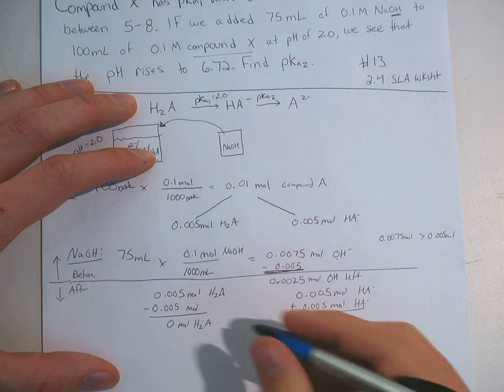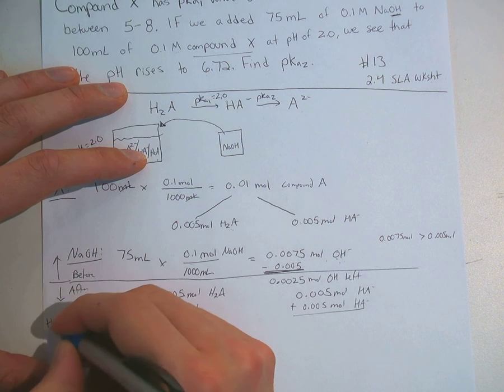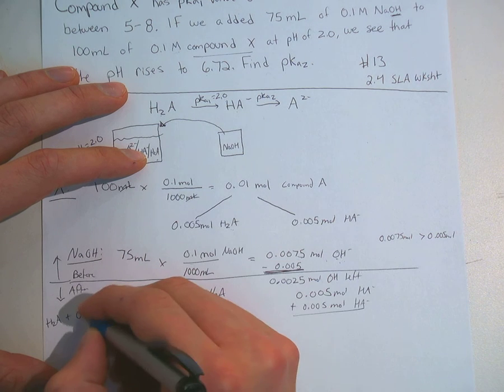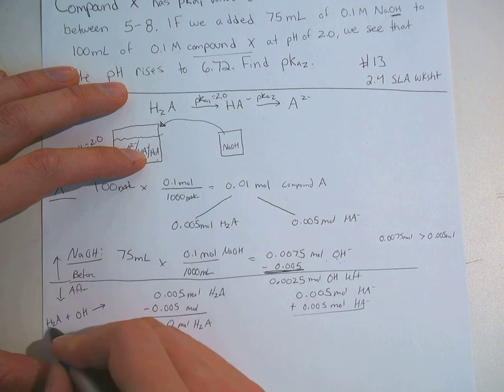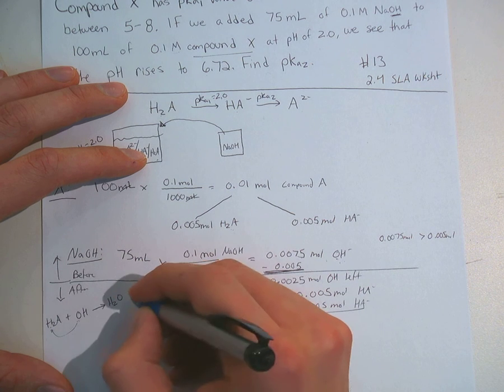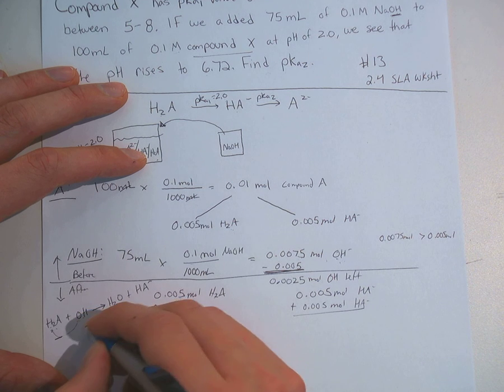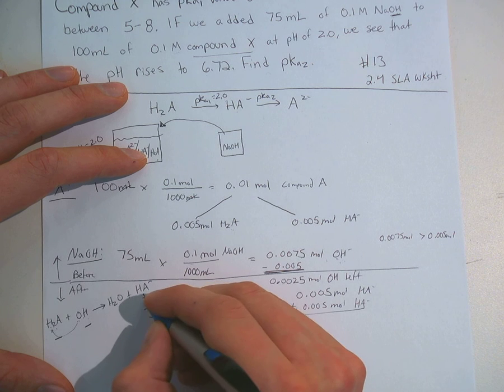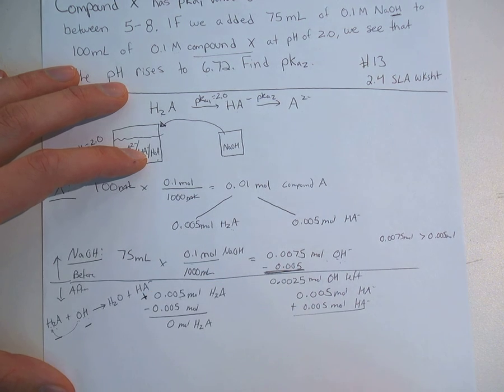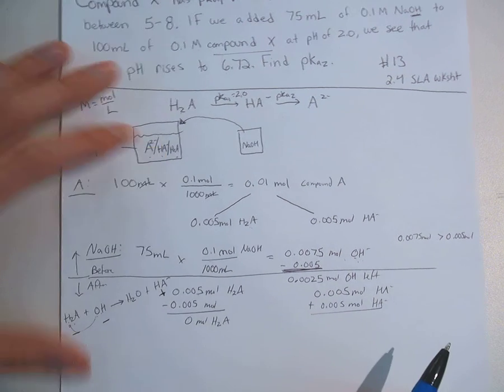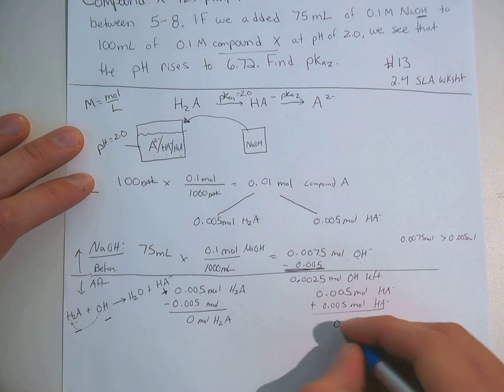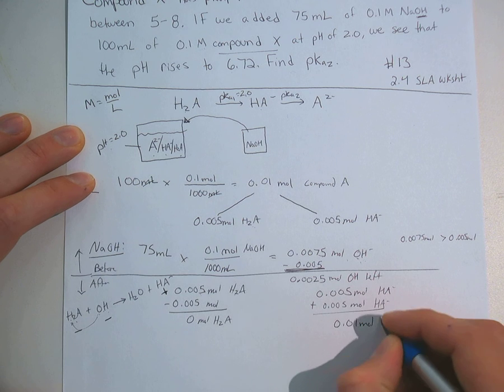Okay, so because what happens is my H2A is going to bind with this OH, and this oxygen is going to be able to take one of those. I can make water and HA minus. Okay, so you can see this is being used up, this is being used up. So that's why we subtract from both of those, and we're going this way, so we make some of this. Okay, so that's a very important concept right there. So now I've got 0.01 moles of HA.